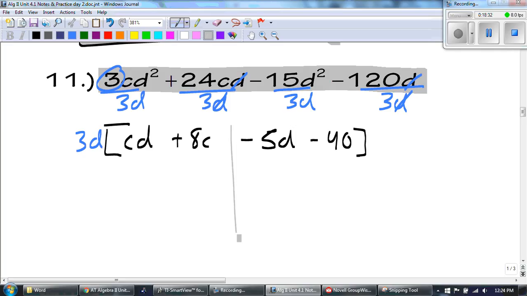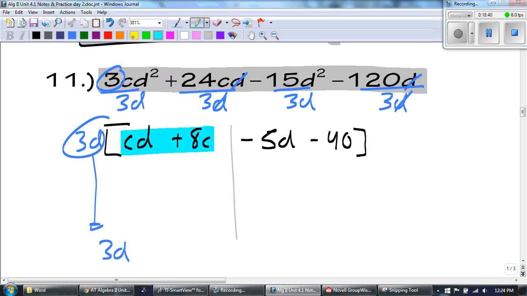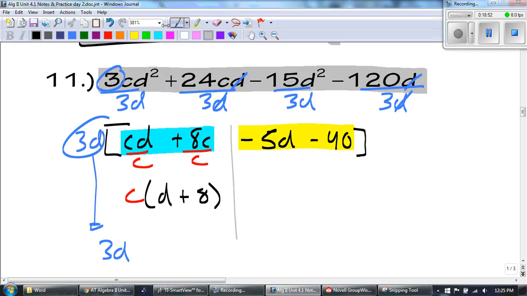It's okay. Now, once again, I'm going to drop this 3D down into my final answer, and I'll split it up. There's only a C in common in the first one, so that turns into D plus 8. Now my leading coefficient is negative, so my GCF is negative, and I can take out a 5.